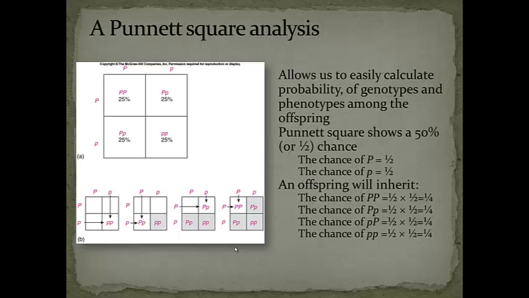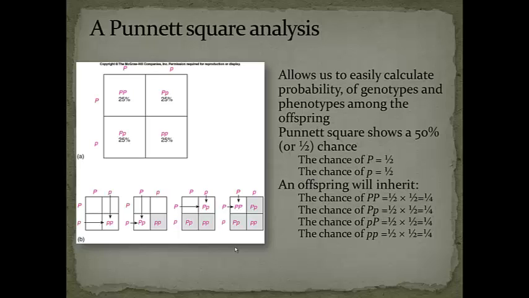The Punnett square shows that it's a 50-50 chance that you get one gene for a given trait from each parent. 50-50, you get one or the other. So in the case of heterozygotes, you can really see how that works because, with a heterozygote, the genes are different. There's a dominant and a recessive. So the chance of getting, in this case, big P versus little p is 50-50.